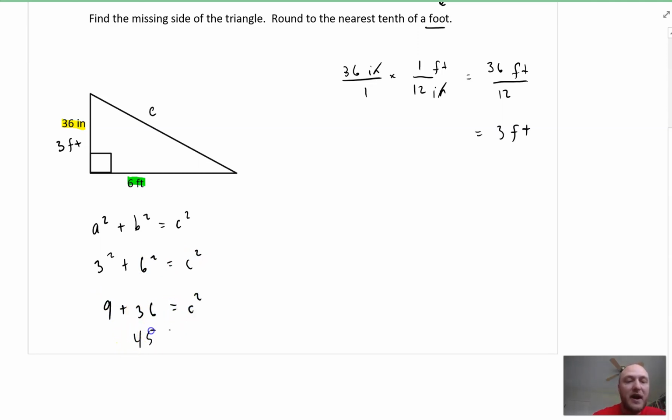So 45 is c squared, which means c is the square root of 45 feet, which, if I punch this in, to the nearest tenth of a foot is approximately 6.7 feet. So there you have it.